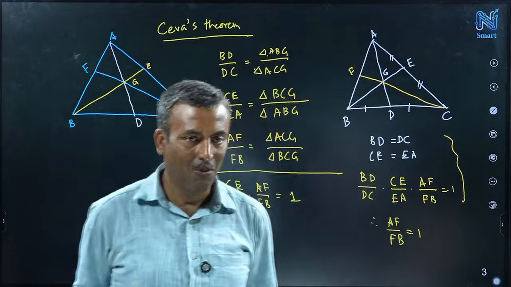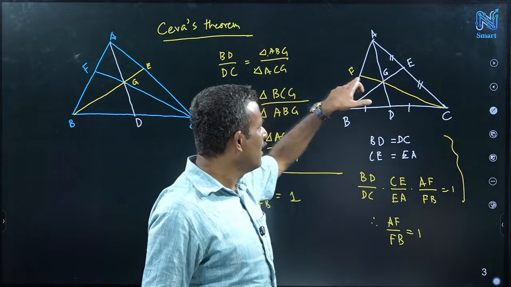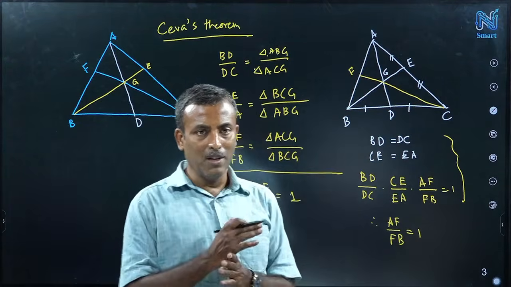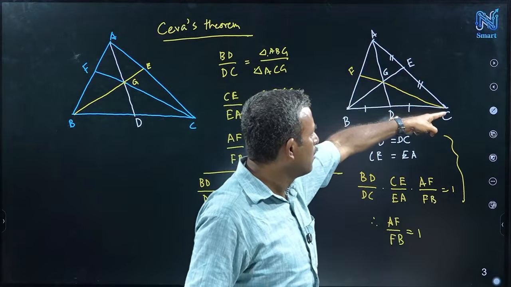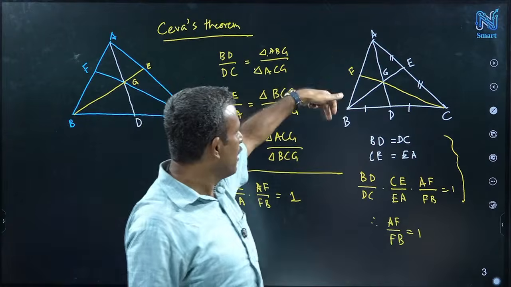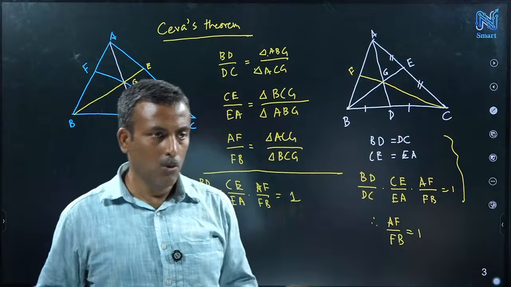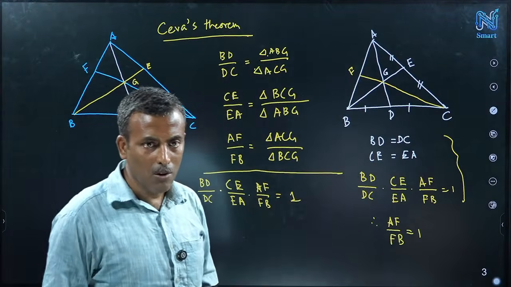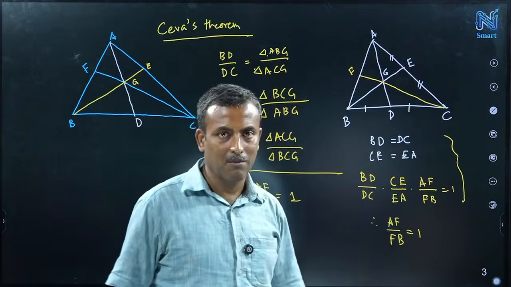So you know that AD is called the median and BE is also a median and CF also a median. If we join the intersecting point G of two medians to C and extend, it meets AB at the midpoint. So that means all three medians are concurrent. We know this proof in a different way in the book, but using Ceva's theorem it is just a one-line proof, right.